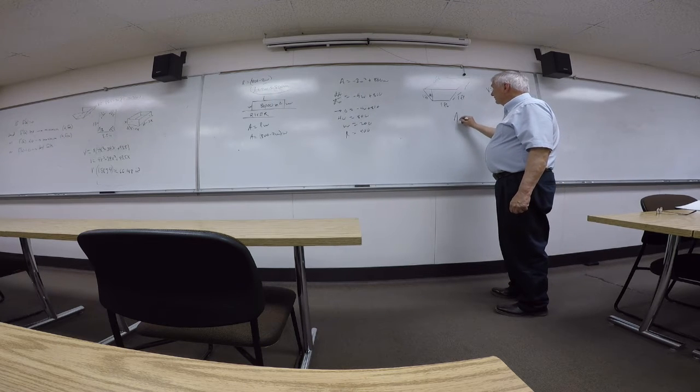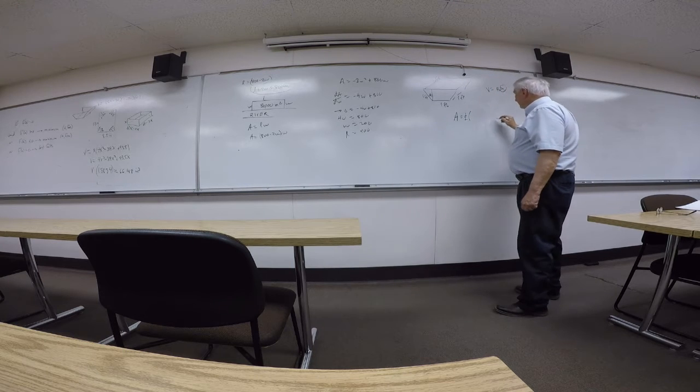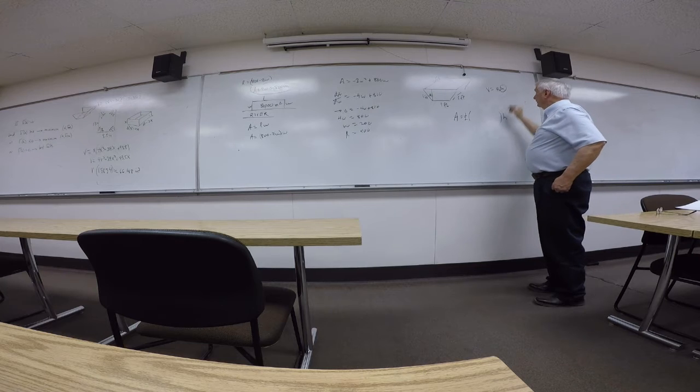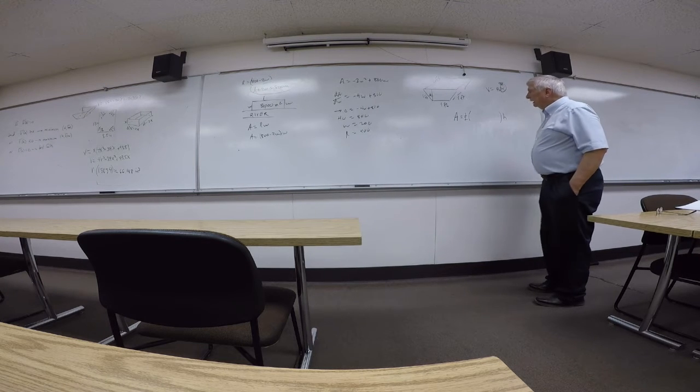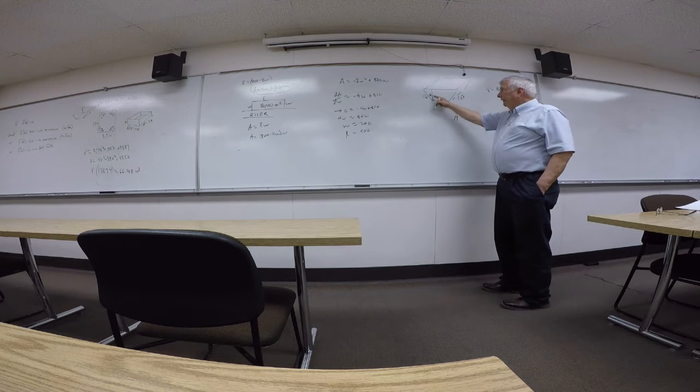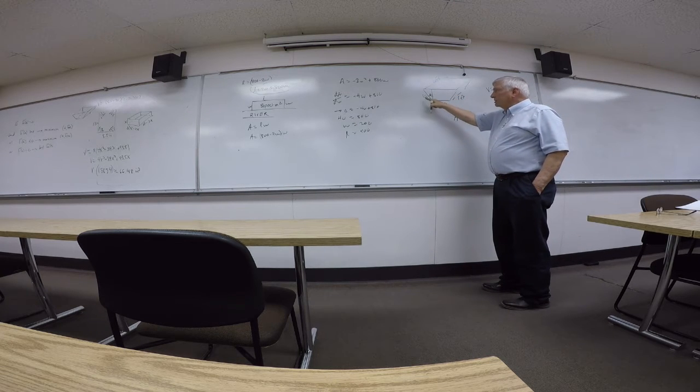So, the area of the base is 1/2 the sum of the bases times the height. Different height than this is 20. Well, the height is 1 times the cosine of theta.